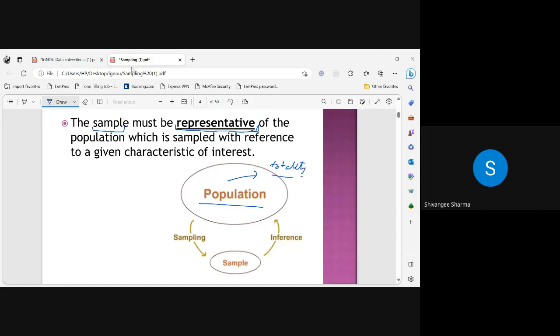Here, population does not mean the living population of any country or the world. Okay, so this population is basically the totality of observations which you are studying for a particular set of problem. Okay, so what should the sample be? Sample should be the true representative of the population.